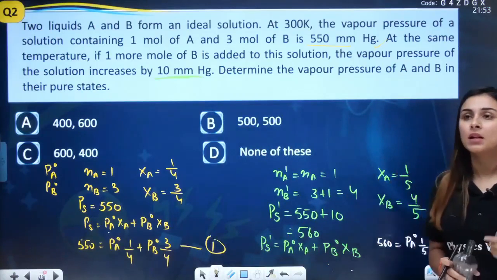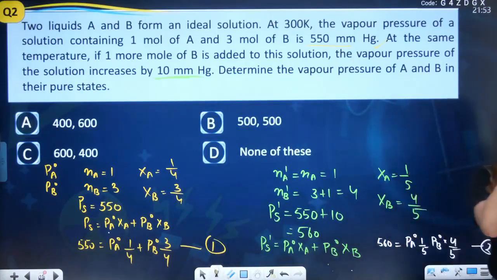See, initially you were given moles, you calculated mole fractions. Then you were given the solution's pressure, you wrote it into the expression and you made one equation.